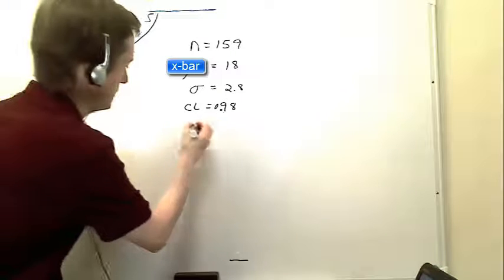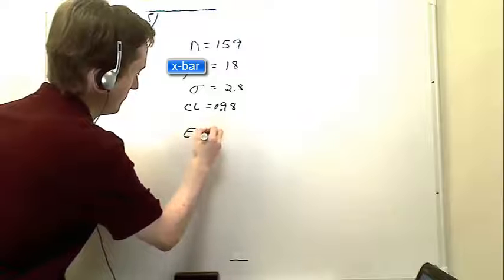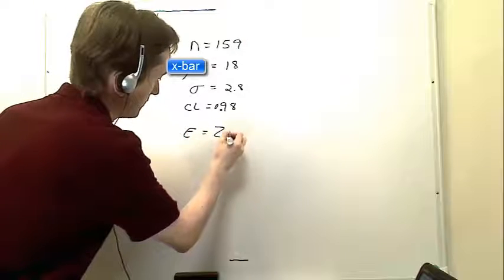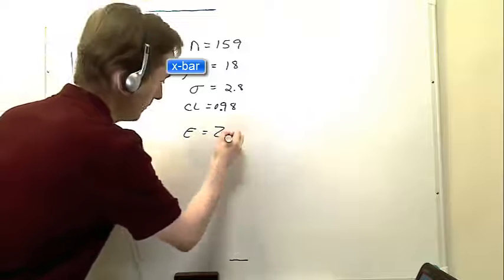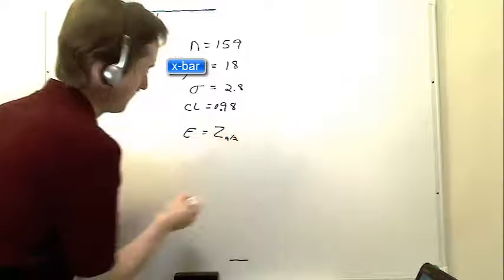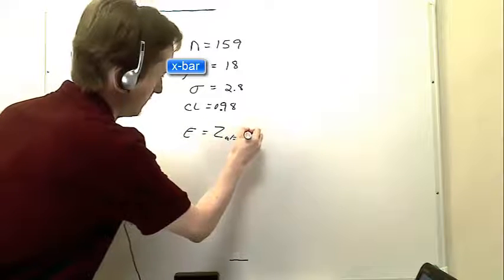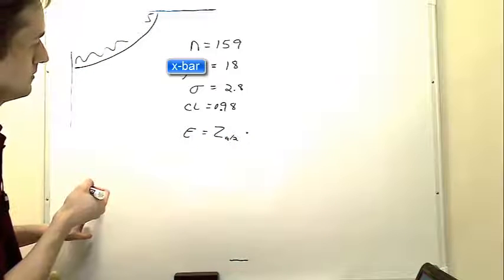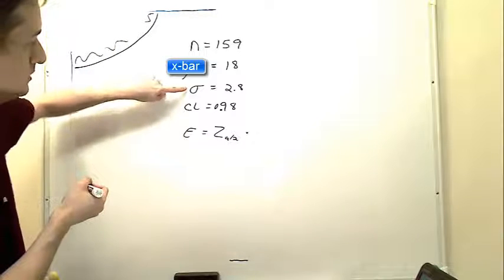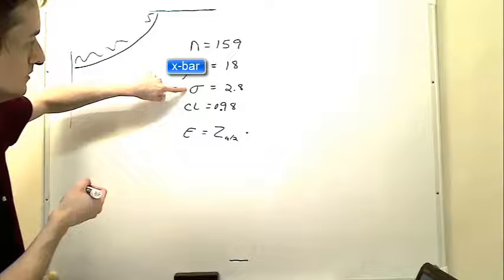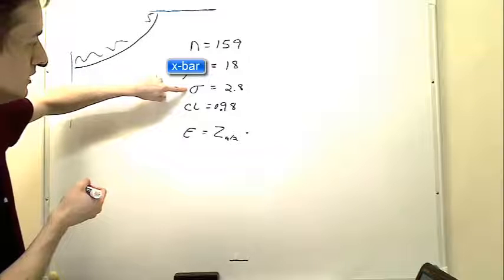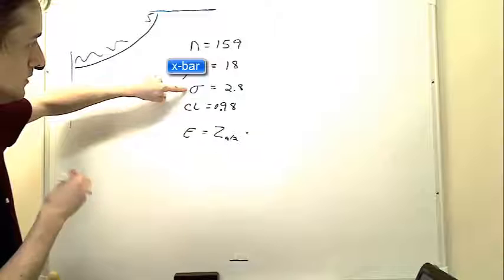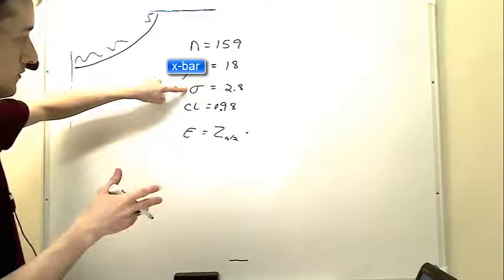Our margin of error is going to equal our z-score, our critical value, times, well, we want not the population standard deviation, but the standard deviation for the distribution of sample means.